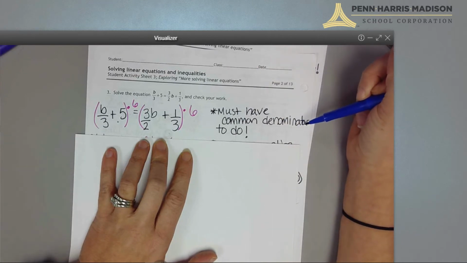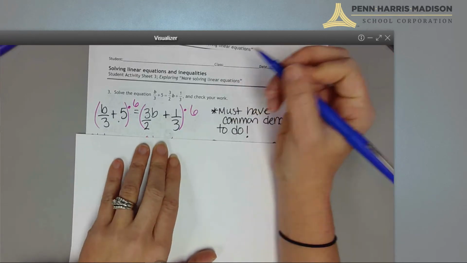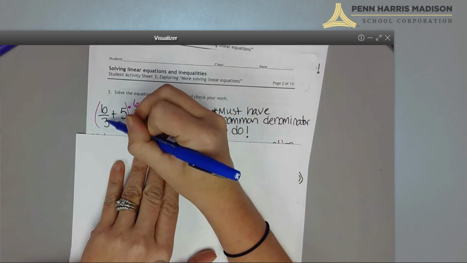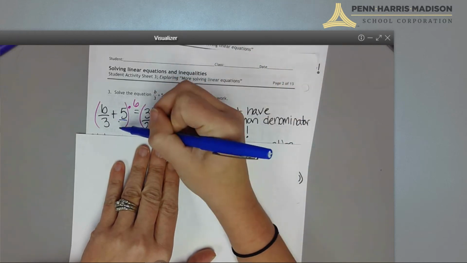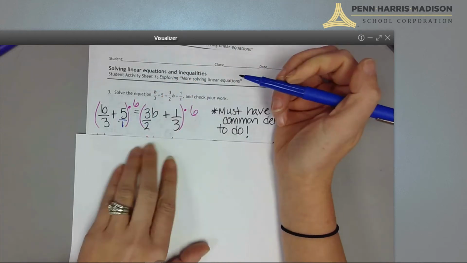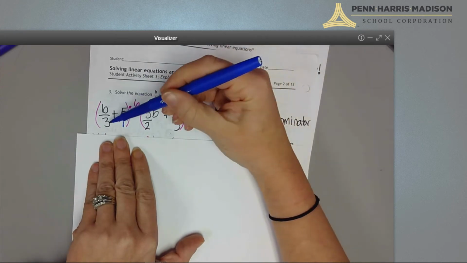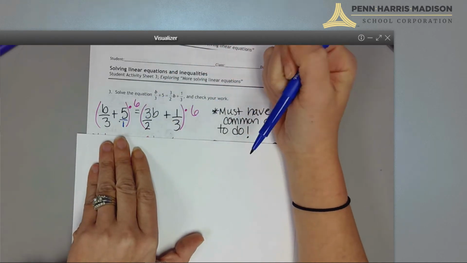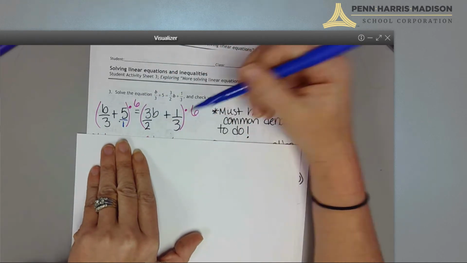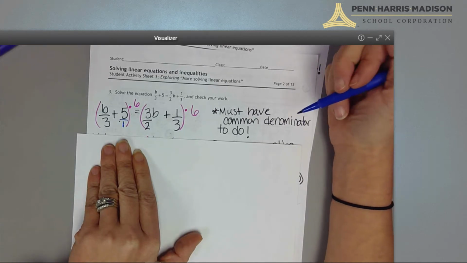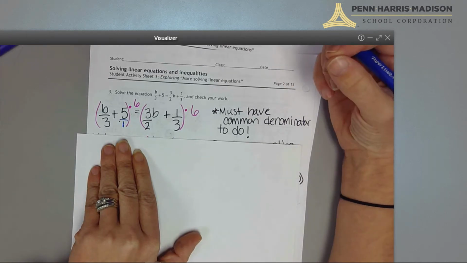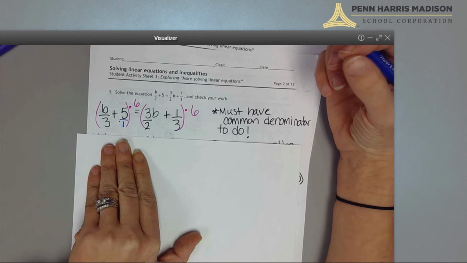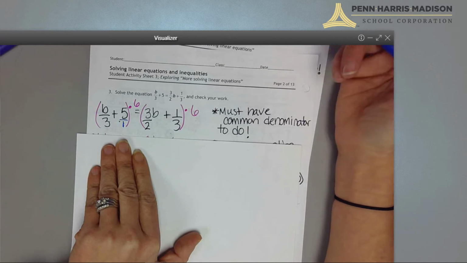So I look at all the denominators, and this 5 has a denominator of 1, in case you were wondering. I have a 1, a 3, and a 2, and then another 3. I need to find something in common, and by common, I mean a number that all of them can multiply into.